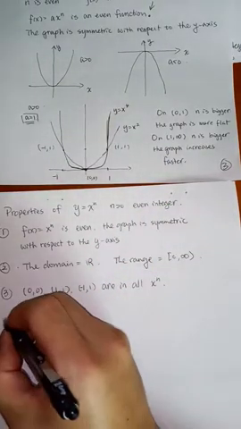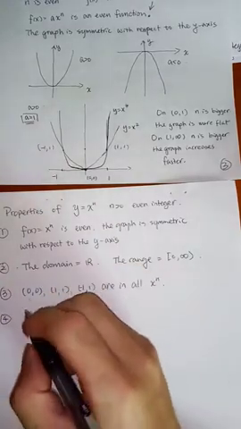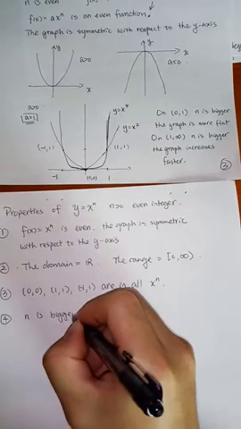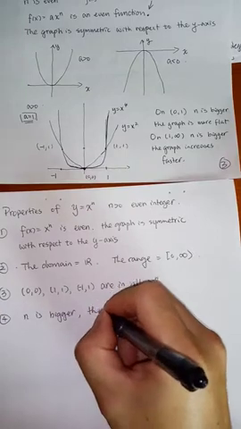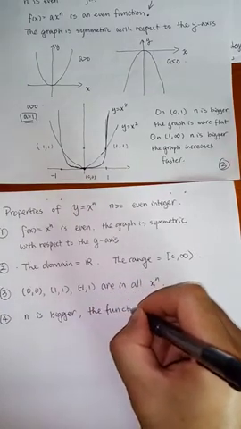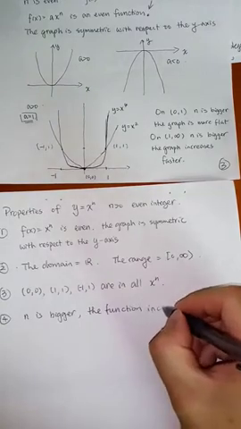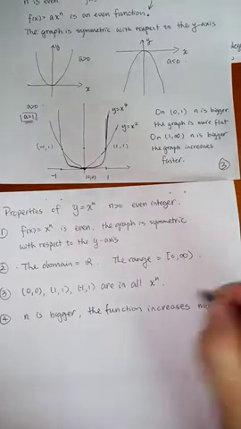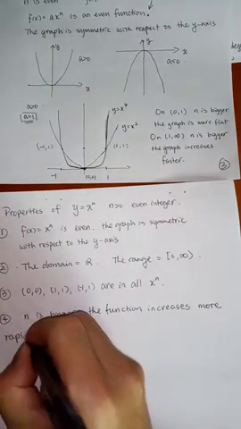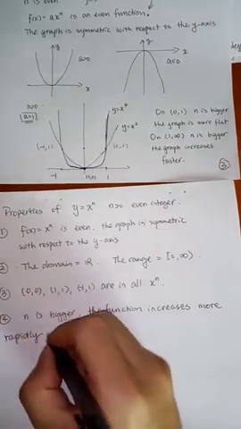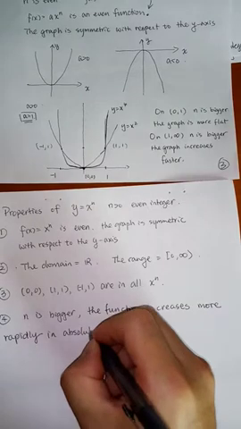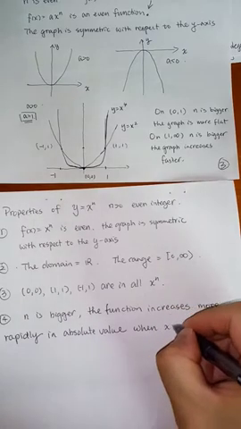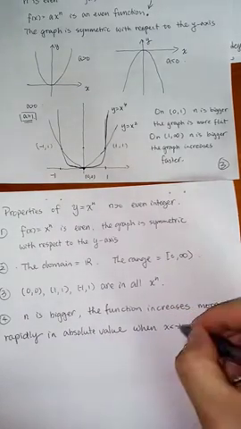And 4, the bigger n is, the more rapidly the function increases in absolute value when x is less than negative 1 or greater than positive 1.